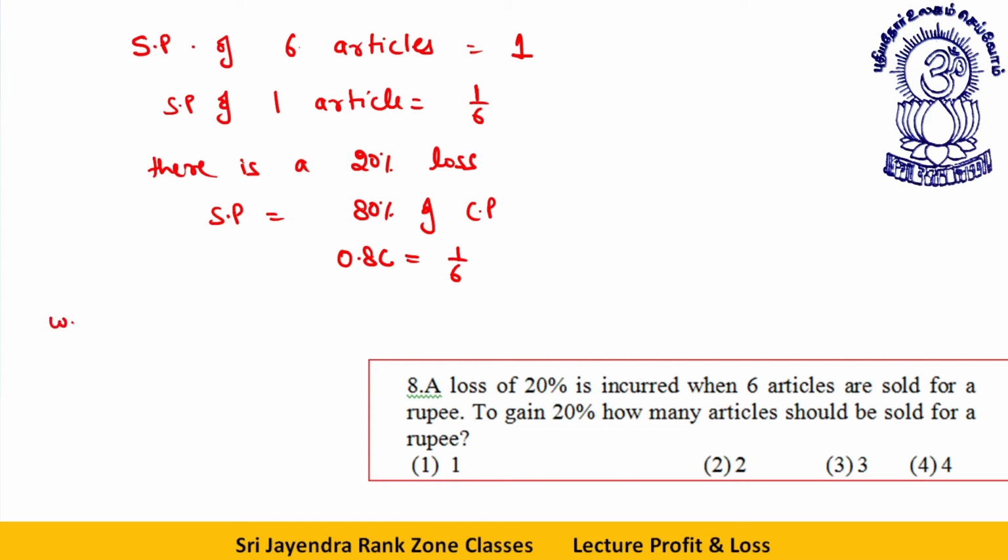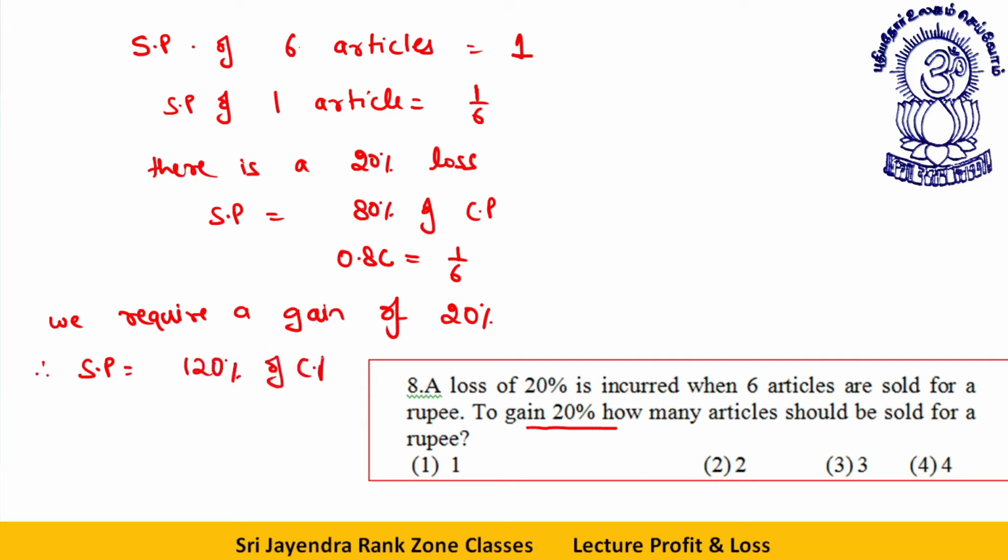We require a gain of 20%. Therefore, SP will be 120% of CP or 1.20 C. Clear? From here, what you can conclude, C is equal to 1 by 6 into 0.8.